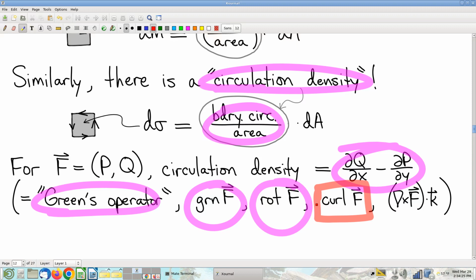Now, this thing, Green's operator, and the curl that we talked about in chapter 3 do play very similar roles. There is a theorem coming up in chapter 7. It's a lot like Green's theorem. And curl is going to play the analogous role there. There's very strong analogies, but they're sufficiently different that I think it's weird to use the same term curl to refer to the two significantly different things.